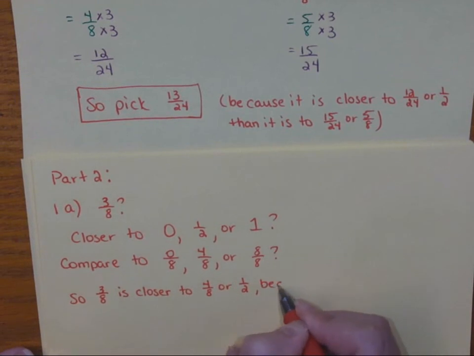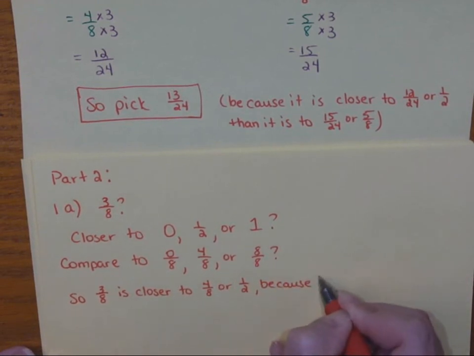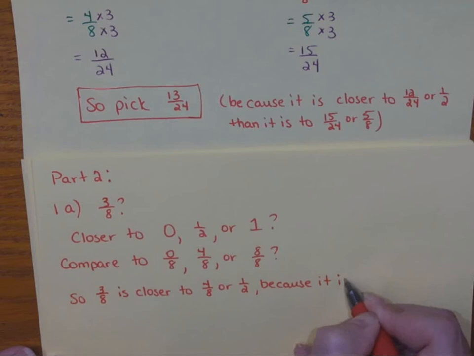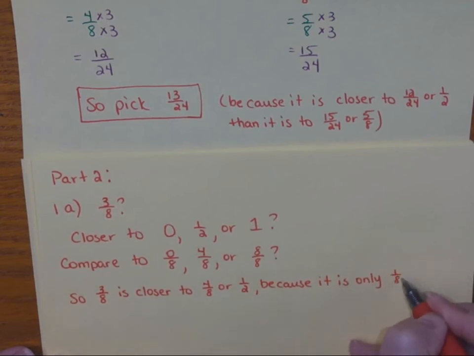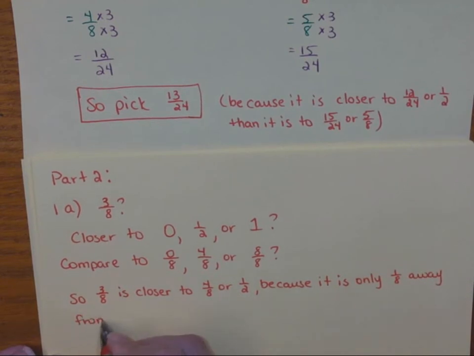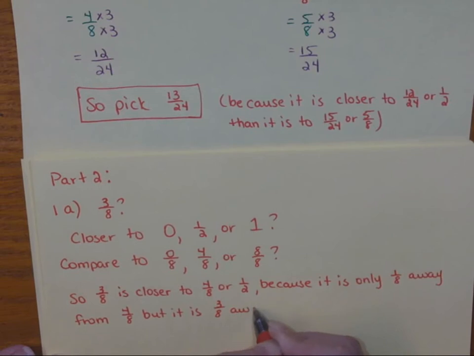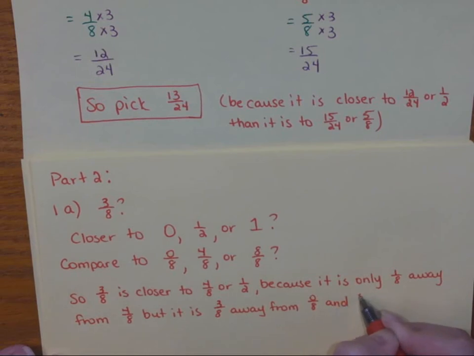And here's where I want you to talk about why, okay? I don't want you to say pieces. I want you to say how many eighths away it is, okay? Because it is only 1/8 away from 4/8, but it is 3/8 away from 0/8, and then it's 5/8 away from 1.